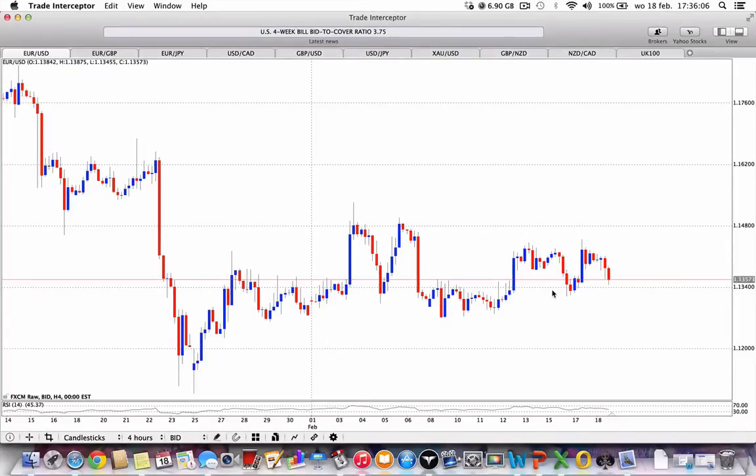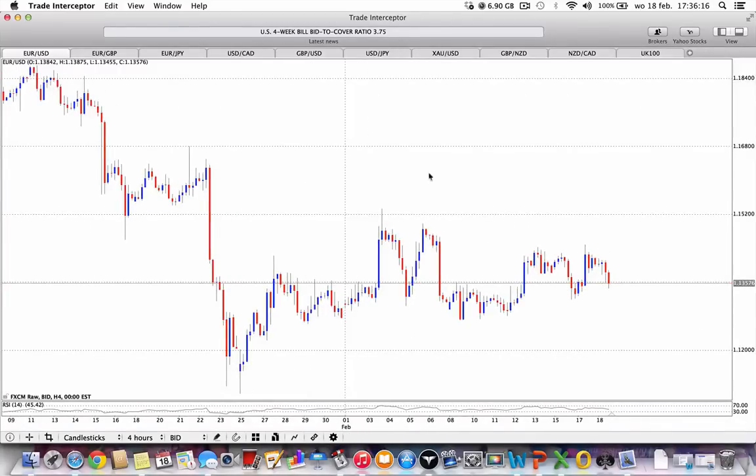What I mean with that is that most people on the internet or in books, they will tell you, excuse me, that support and resistance are lines. Like we did earlier, I had two lines, a red one and a green one, the red being the resistance and the green one being the support.